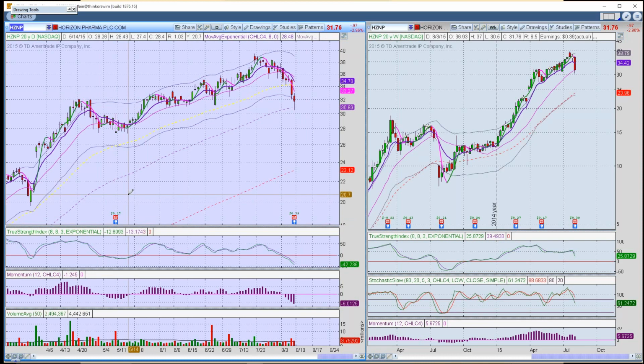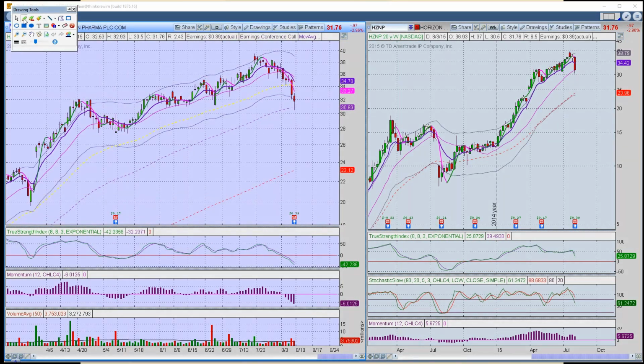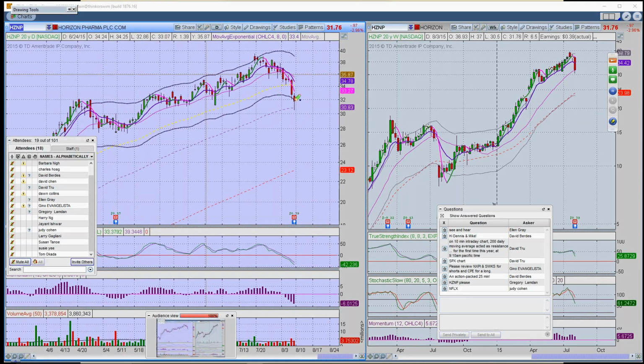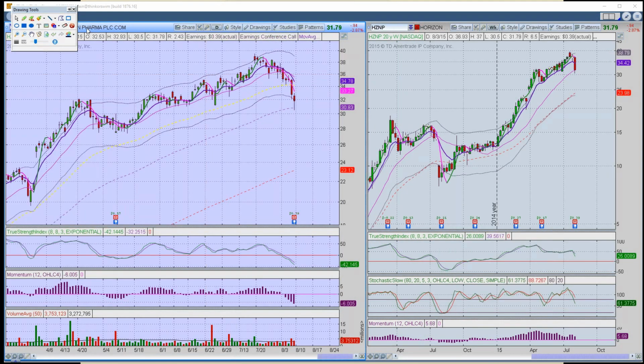If it's a classic failure type move, what you would see is a bounce here, a slight relief rally back up into the moving averages or back up into this resistance area, and then a rejection and a fall. That would be a classic kind of failure move.